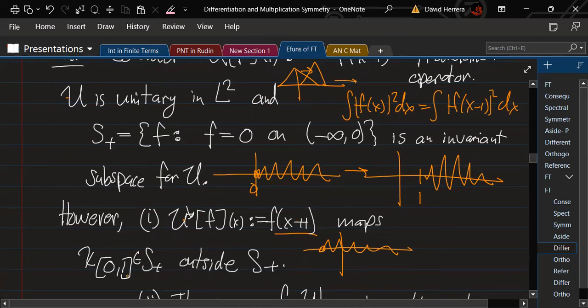As an example, if you take the characteristic function from 0 to 1 and you shift it over, this is outside S plus. It's no longer in the subspace because it's not supported on the right-hand side.